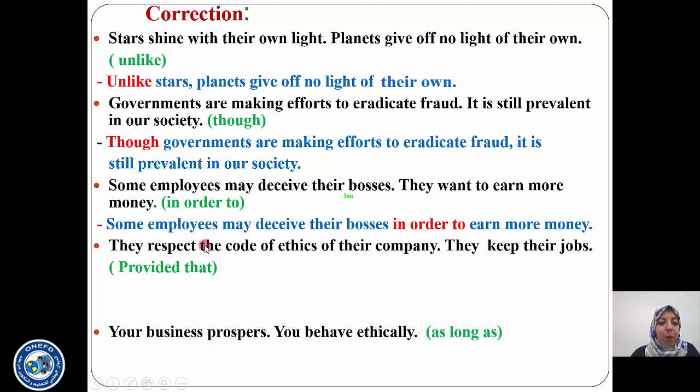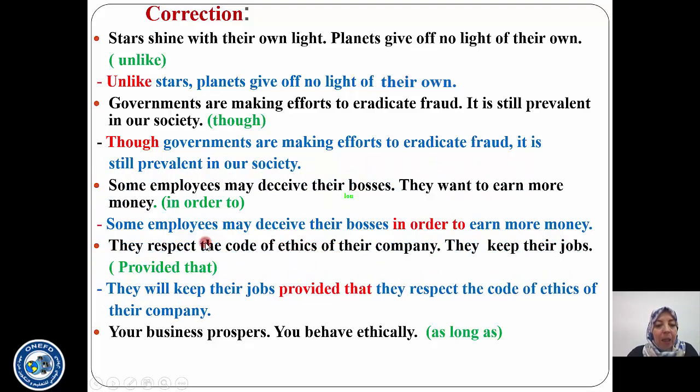I mean, before this part. Okay? So, the sentence is, "They will keep their jobs provided that they respect the code of ethics of their company." Okay, so the conjunction here is put in the middle. Of course, it could be also in the beginning, saying "Providing that they respect the code of ethics of their company," comma, "they will keep their jobs."